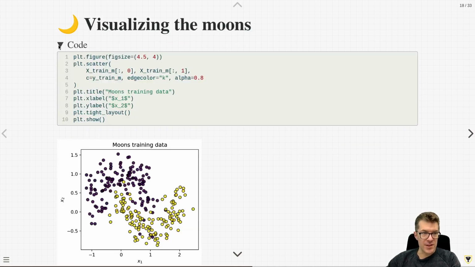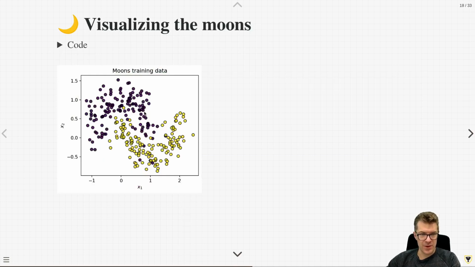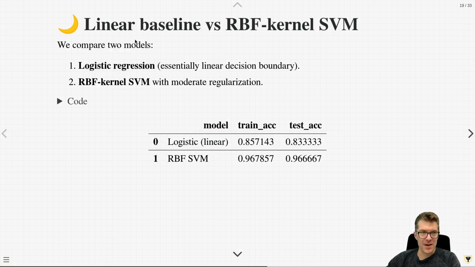Here's a visualization. We've seen it already. These kind of two C's eating each other, somewhat yin-yang-ish, but not exactly. So we want to compare two models: a logistic regression, which basically has something like a linear decision boundary.